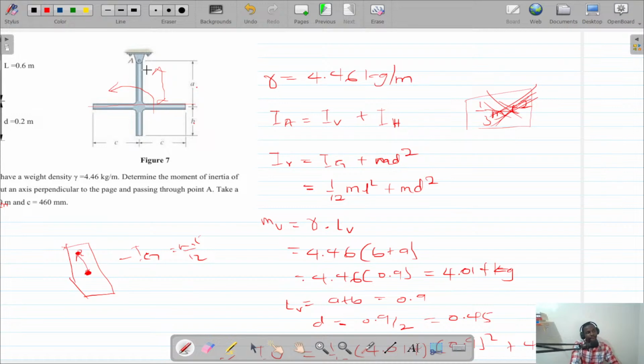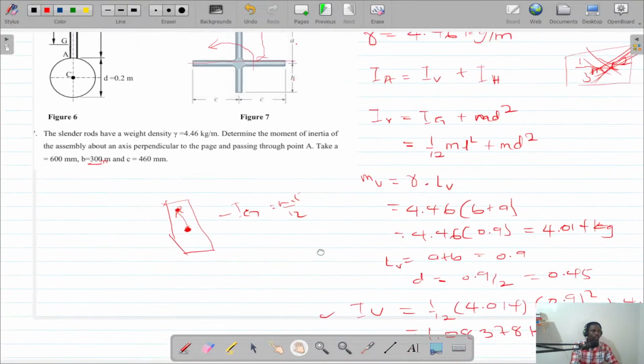You can apply 1/3 ML squared on the vertical rod, but you can't do the same for the horizontal rod. People might think that anytime you find the moment of inertia for any rod, you have to use 1/3 ML squared. You shouldn't do that. So always use 1/12 ML squared plus MD squared, and you'll be in safe hands.